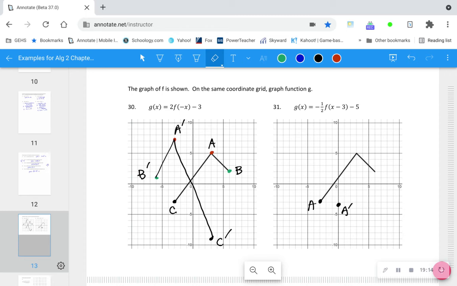So, okay, now I'm going to do B prime, B, and we'll see where this goes. Okay, the first thing is 3 to the right. That takes me to here. And then I chop the height in half, or the y value in half, so that takes me down to here because we're up at 2.5. And then I reflect it vertically, so this negative on the outside changes the sign of the y value.